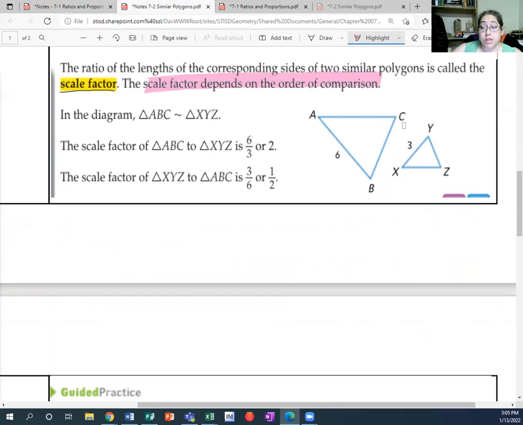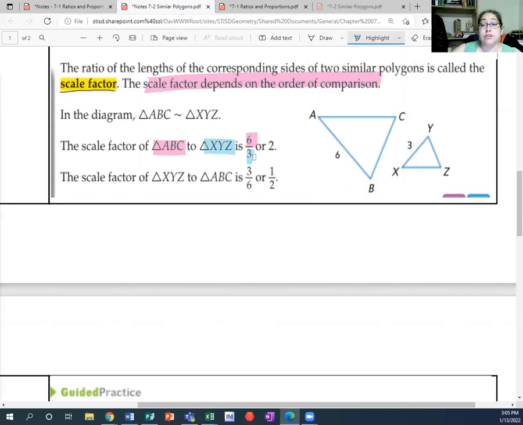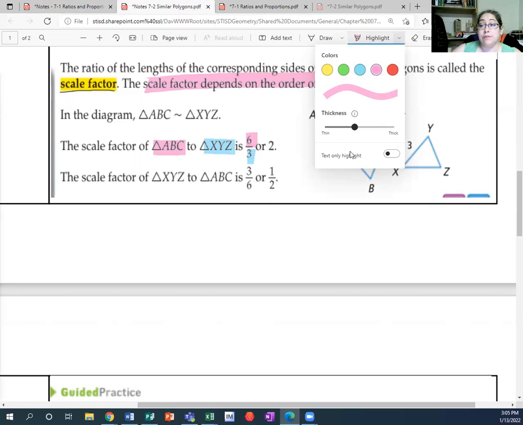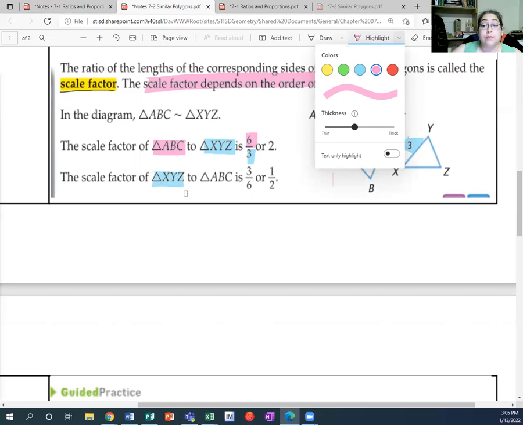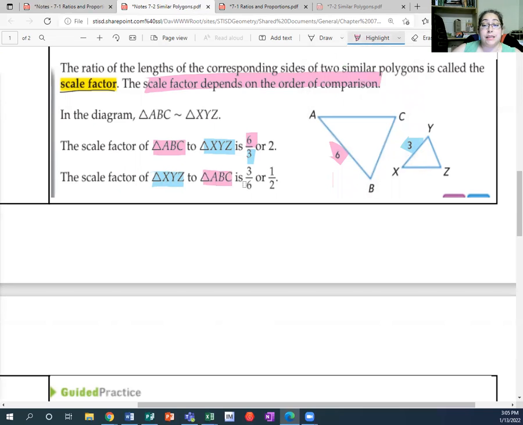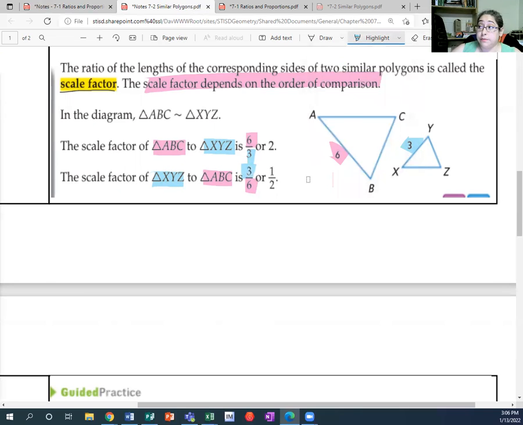If we take a look at this diagram saying that these two triangles are similar, if we state the scale factor as ABC to XYZ, those are the names of the triangles, then our scale factor becomes 6/3. That is, here's the information from triangle ABC, and here's the information from triangle XYZ. If we write the scale factor in the other order, if we compare them XYZ to ABC, notice that now the numbers are flipped.